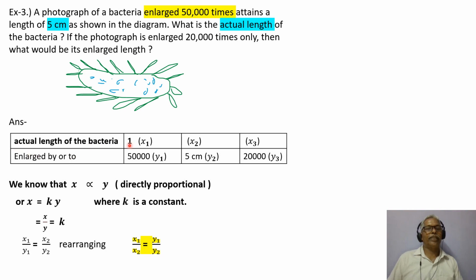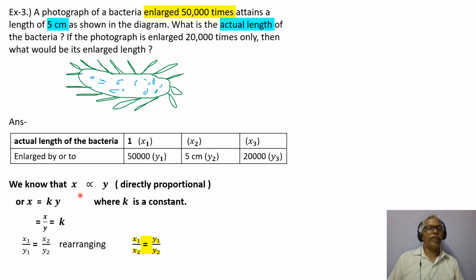Actual length of the bacteria is x1, x2, x3 like that, and enlarged to. Now here, when this was enlarged to 50,000, we were getting 5 centimeters. So x1 is 1, y1 is 50,000. This is the enlarged length 5. What is the actual? Okay.